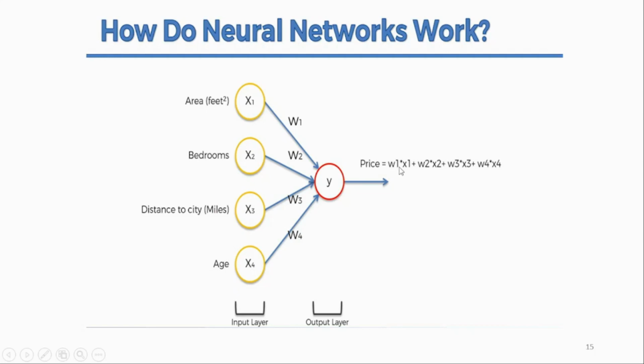Let's say the weight of x2 is maximum. Obviously, then more importance will be given to the node x2 input. So if the house has 5 bedrooms, then obviously we will be more interested in buying this house at the price.